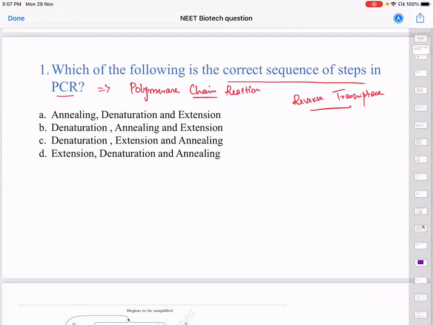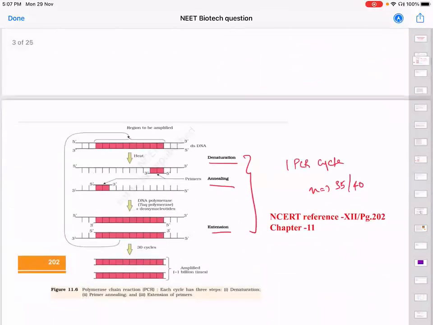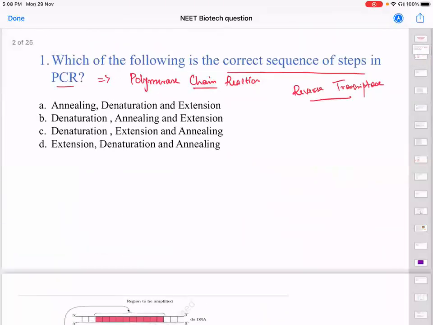Hence it is called a polymerase chain reaction. As the picture says, it's denaturation, annealing and extension. So you have to go with the option denaturation, annealing, extension. Option B would be the correct choice here.